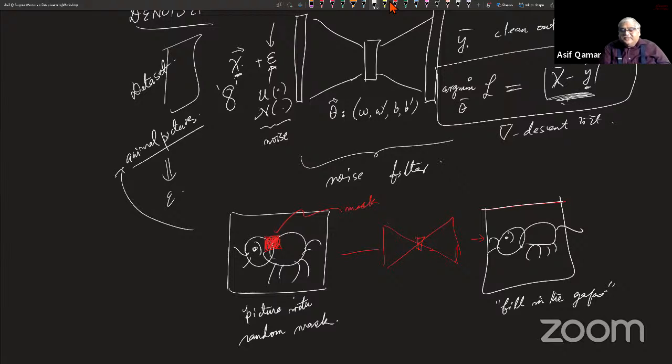So you could continuously feed a lot of pictures in which you deliberately apply a mask and tell this autoencoder to learn a way to fill in the gaps, and it will learn to do that, except that the autoencoder we'll talk about is a little bit more sophisticated than the basic autoencoder that I drew. So now let me make it more sophisticated.